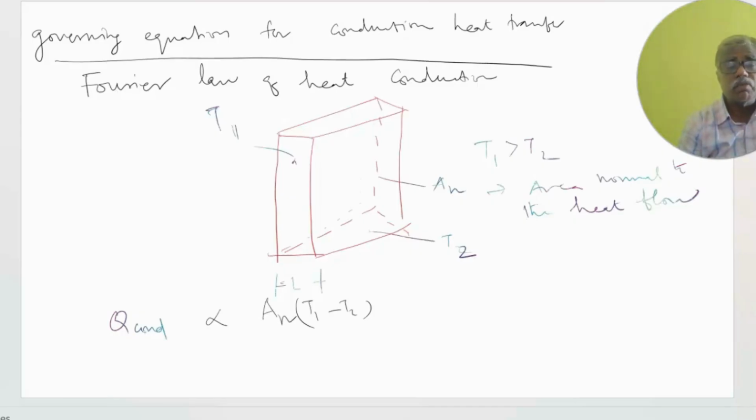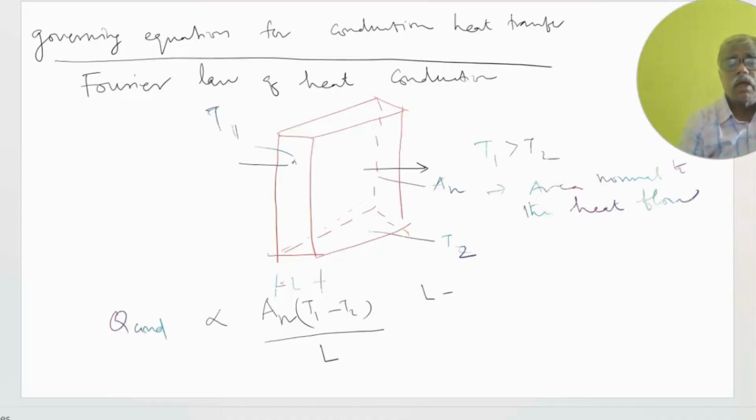That is important. It is not simply area, it is area normal. We assume that it is happening in this direction. Heat transfer occurring normal to this rectangular face. So therefore, it is directly proportional to area normal to the heat flow, and inversely proportional to the thickness across which the heat is being transferred.